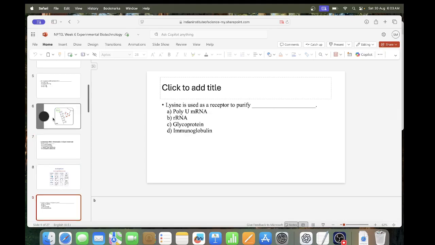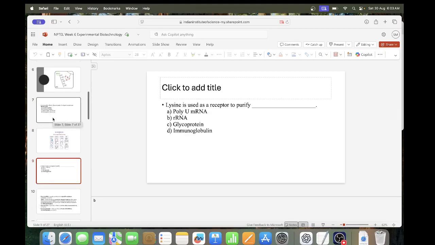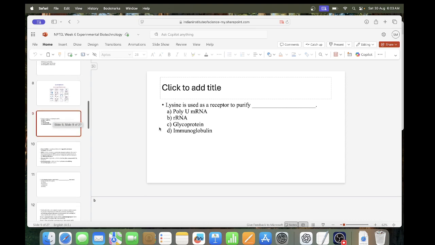Right. The next question that we look at is: lysine is used as a receptor to purify dash, and four options are given here: poly U mRNA, rRNA, glycoprotein, immunoglobulin. So, again, we are trying to look at specific affinity.